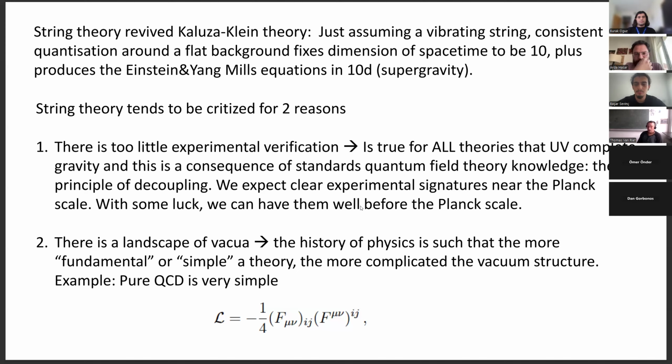I want to say that's a valid criticism, but you should know this applies to everybody who will ever discuss physics beyond the standard model. This is simply a fact of life of quantum field theory, that the Planck mass is high. So any quantum gravity effect is typically suppressed by the Planck mass, and so it's very, very hard to detect.